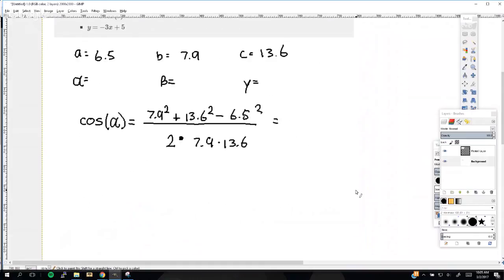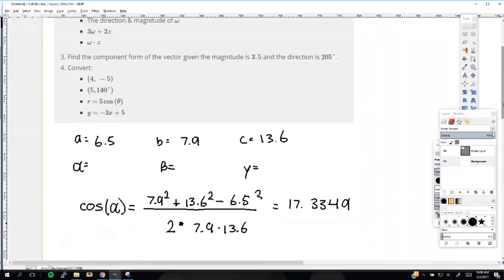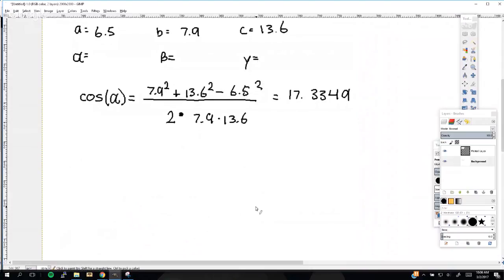Okay, then if we do our cosine, okay, I got 17.3349. I'm gonna do it again. That's just not what I got. I don't know why. What did you get? It gave me like a decimal, so I must have pushed something really weird.